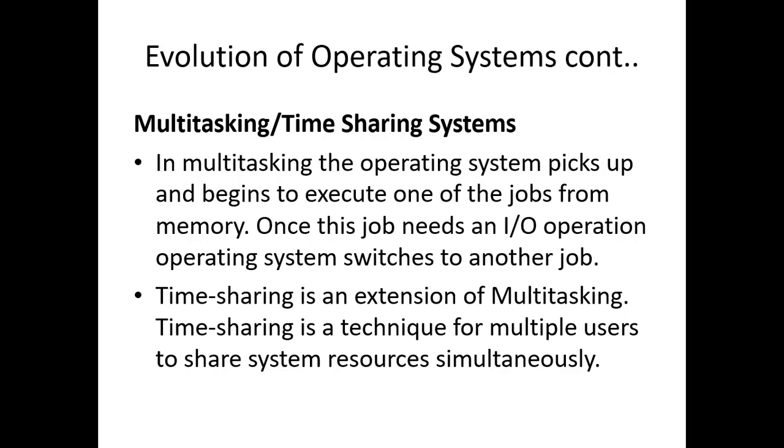So it can do a lot of jobs at the same time. It no longer has to collect jobs together and execute the ones that belong together. This time it can switch among different jobs. It doesn't have to wait for one job to be performed, but it can actually do multitasking.